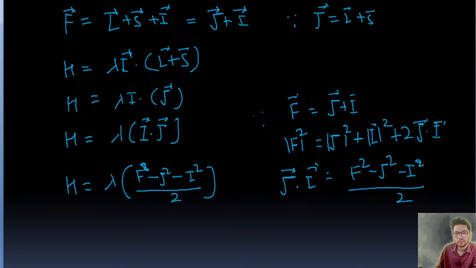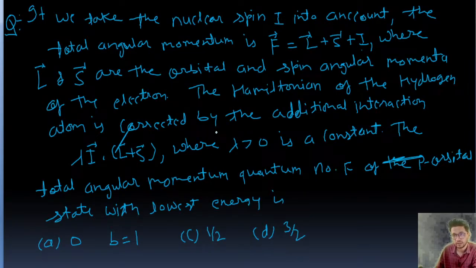Now for the hydrogen atom, it is asking for this question. The question we need to read carefully. This is the Hamiltonian given, the corrected one.